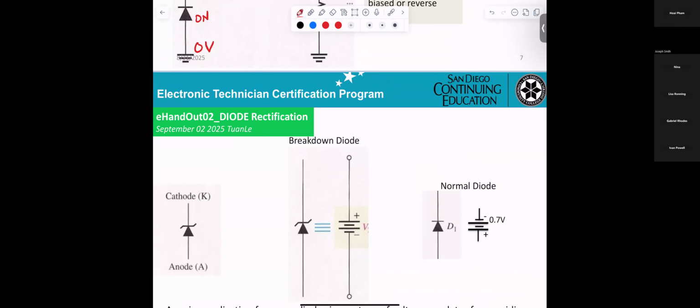Okay, now for the diode, you understand if it is on, that means VD has to be greater than 0.7 volt for a silicon diode.